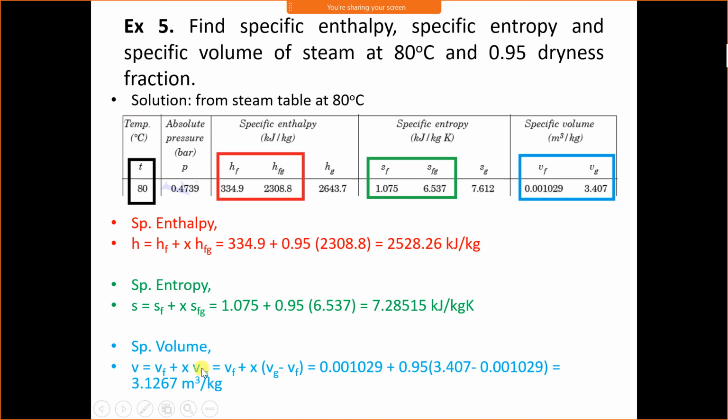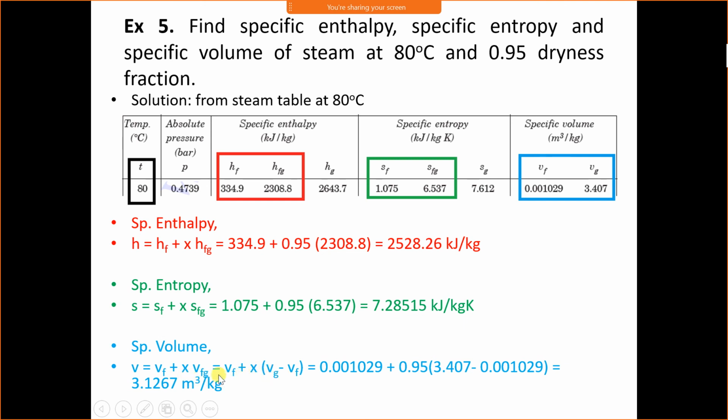Now in steam table, look at here, the formula is vf plus x vfg. In steam table, value of vf and vg is given. Vfg is not given. But for enthalpy, hfg is given. Entropy, sfg is given. But for specific volume, only vf and vg is given. And we know that vfg is equal to the difference of vg and vf.